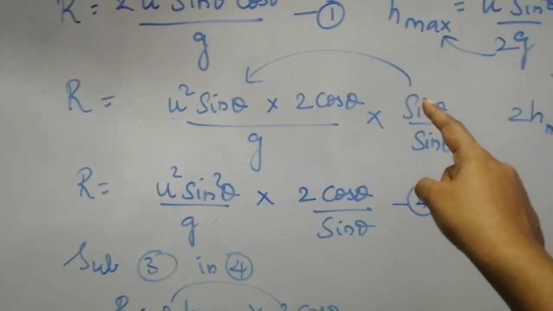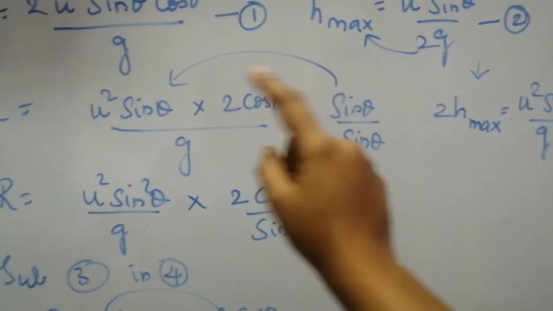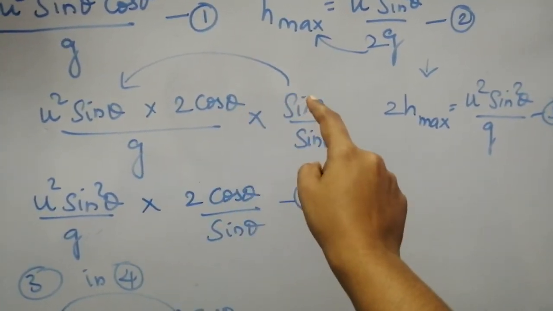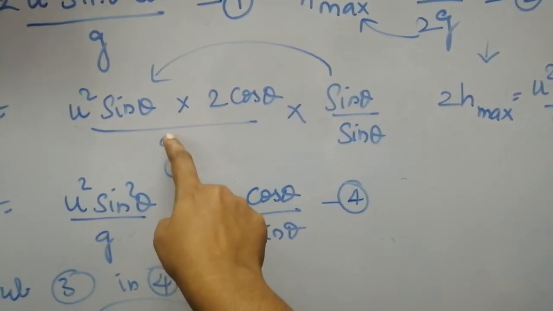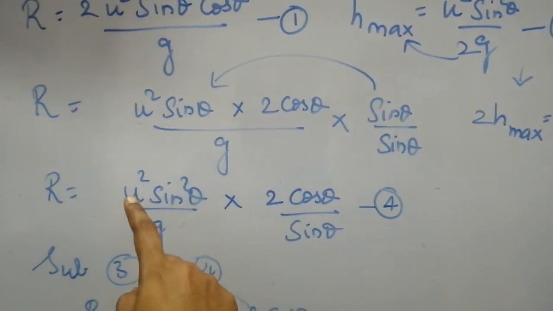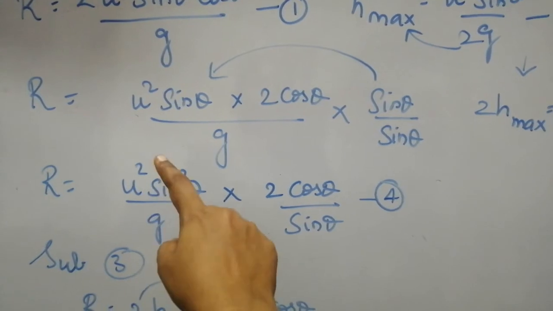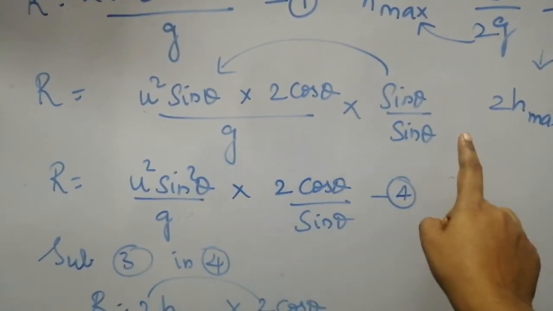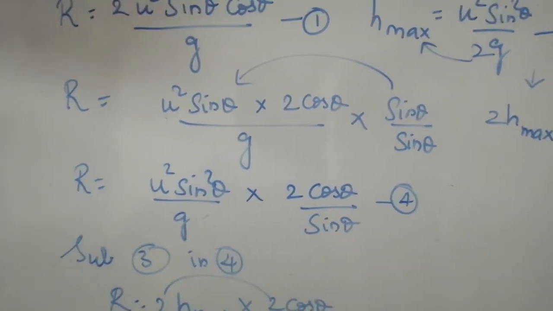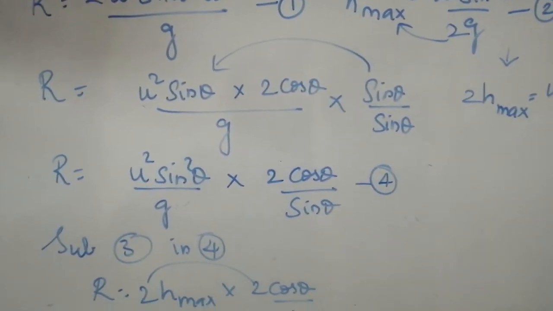So R is equal to u square sin square theta by g into the other terms separately, 2 cos theta by sin theta. Let this be equation number 4 now.